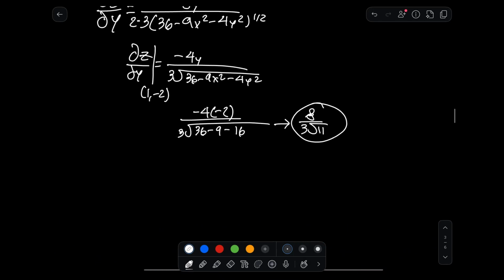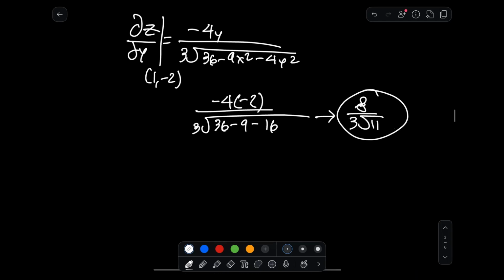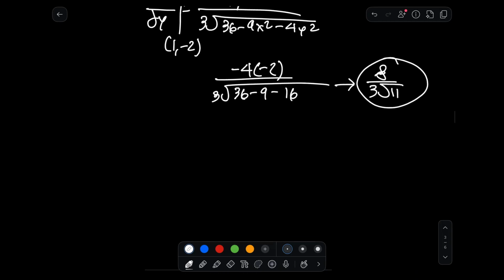And we can actually write this in point slope form as well. And we can do that real quick. Instead of y minus y1 equals m times x minus x1, it's going to just replace y with z and x with y.